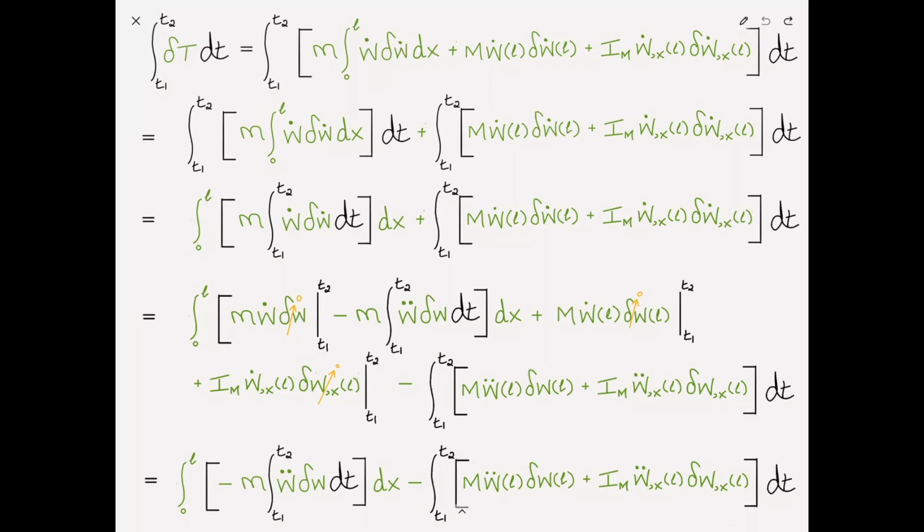The last thing that needs to be done is to switch the order of integration here. So, continuing on the next page, the integral from t1 to t2 of del T dt is equal to the integral from t1 to t2, flipping the order, and I'm going to group everything under this one integral from t1 to t2.